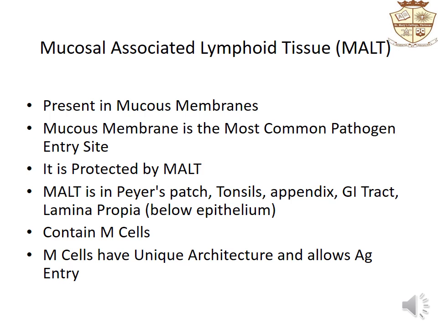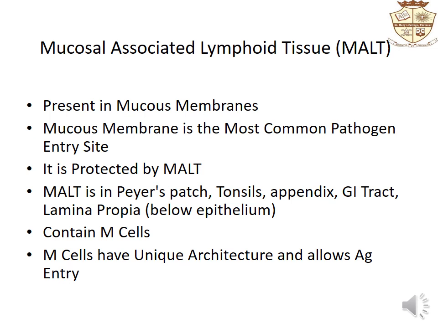The next type of secondary lymphoid organ is the mucosal associated lymphoid tissue or MALT. These are present along the mucosal membranes of the digestive tract, respiratory tract and urogenital system.